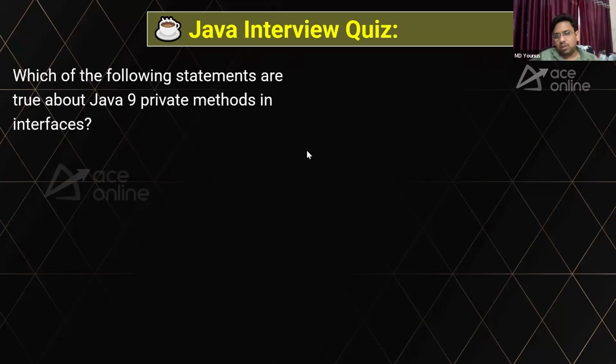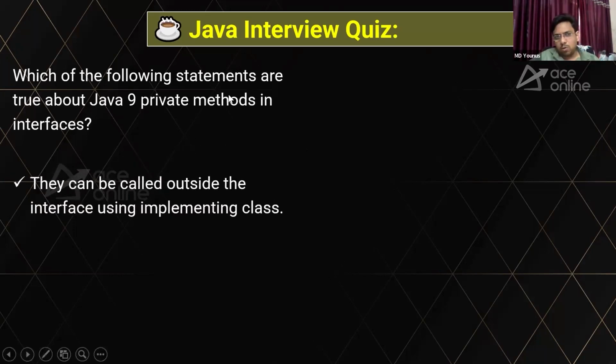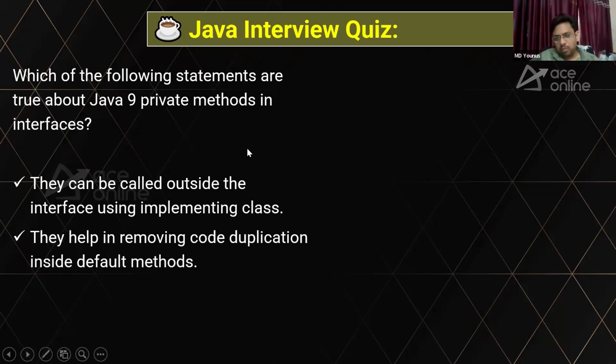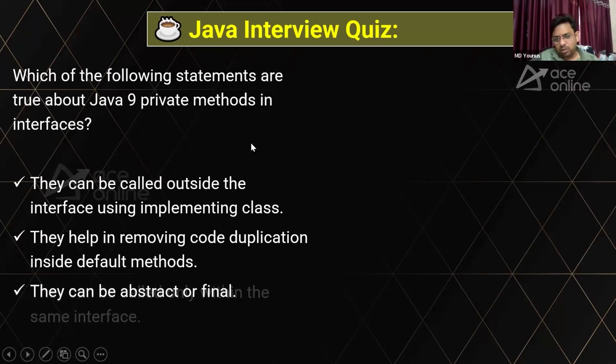Okay, let's see your understanding with one example. Let's have a quick quiz now. Which of the following statements are true about Java 9 private methods? They can be called outside the interface using implementing class. They help in removing code duplication inside default methods. They can be abstract or final.